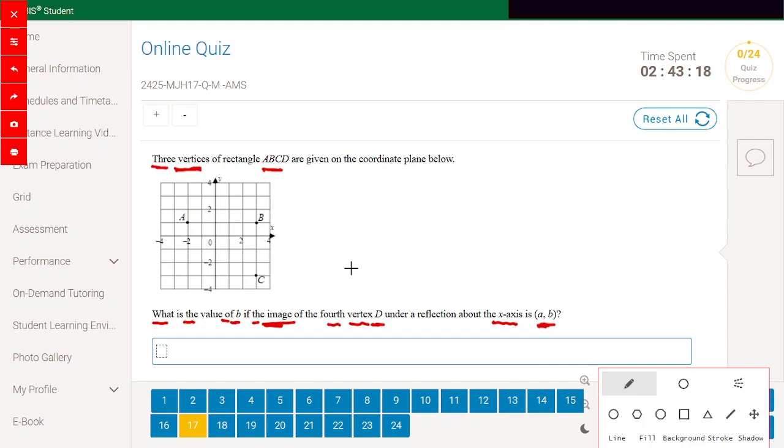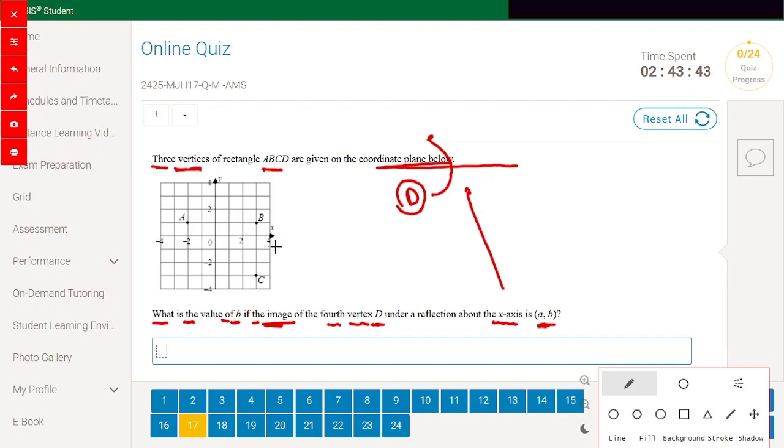So this question has two parts. First, we need to get the point D. Then we need to get the image of the point D under reflection about the x-axis. So here we have a rectangle ABCD. We need to locate D.